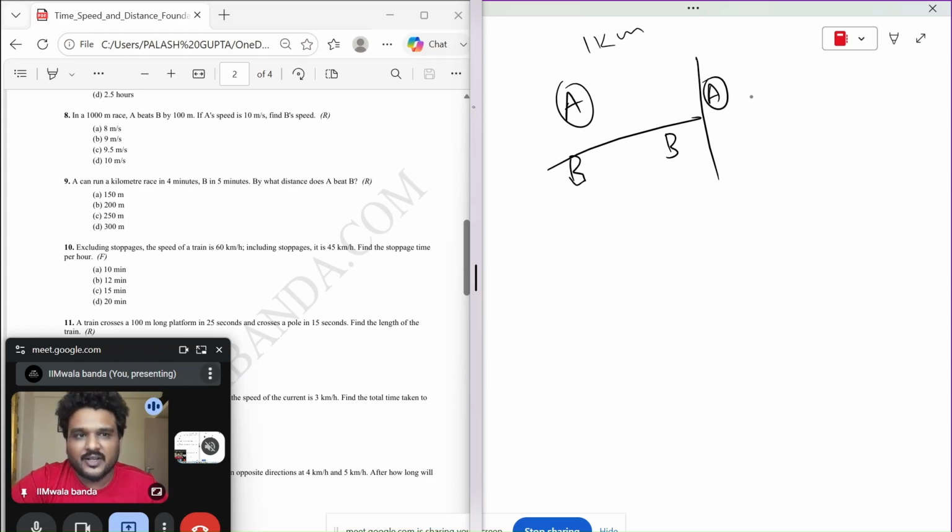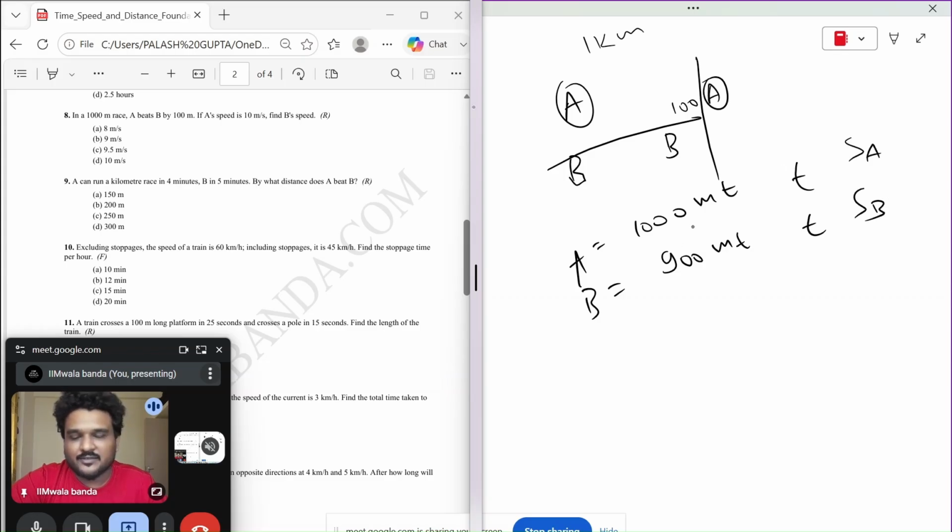So A actually did 1000 meters, but B, let's say there was 100 meters left till A finished. So B actually did only 900 meters, and they both took the same time because it's a race, right? So both took time T, and because they had different speeds, their distances will be different, right? You always need one thing constant to compare.